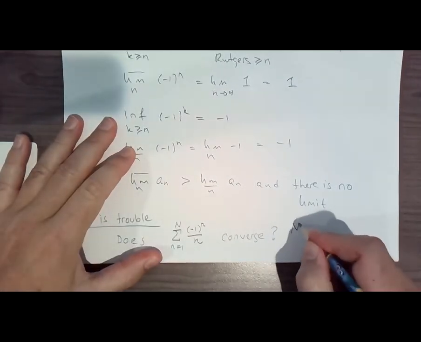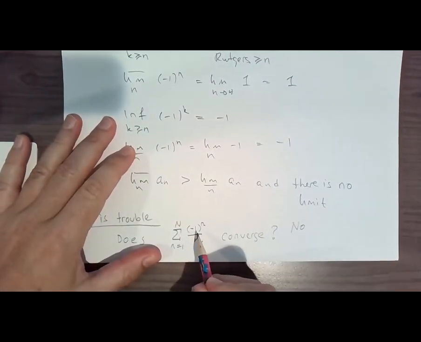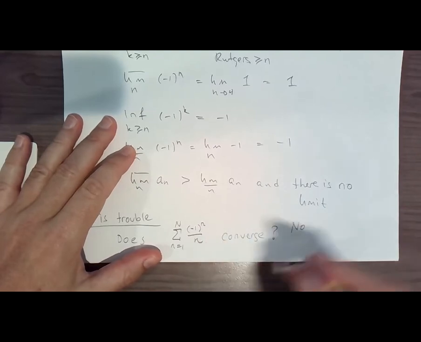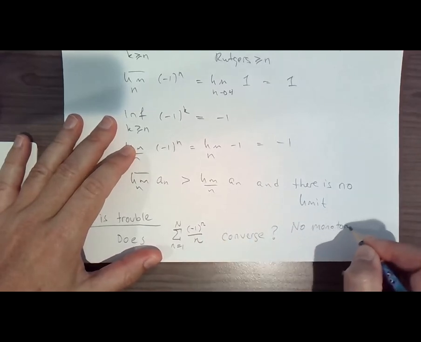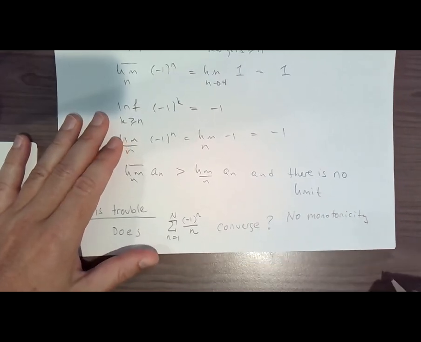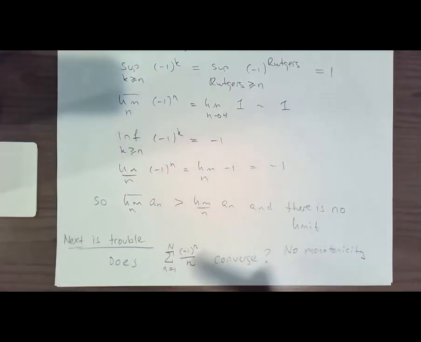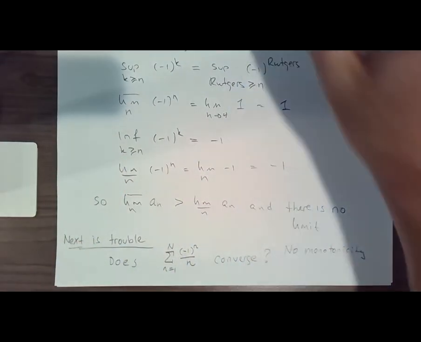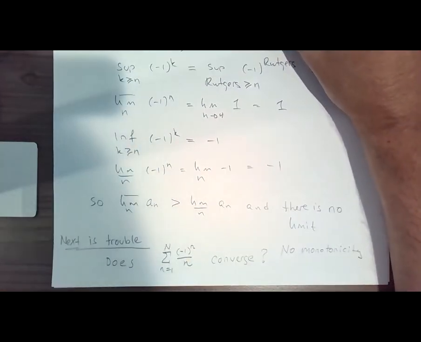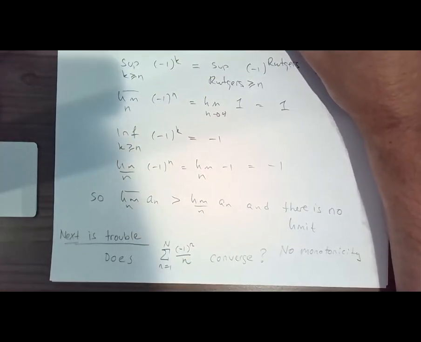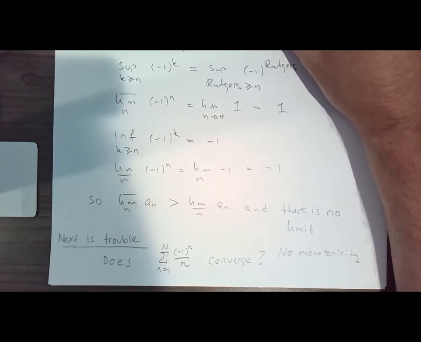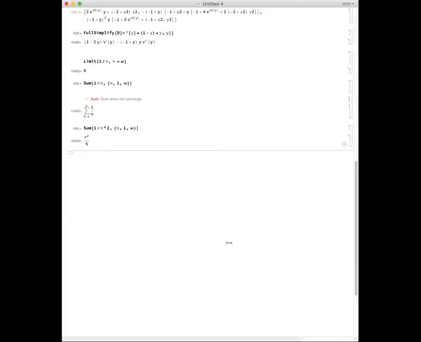So note here that it alternates. So there's no monotonicity. Of course, some of you might not be used to this way of doing math, but what we could do is get some feeling for this. What does Mathematica say? He was helpful before.